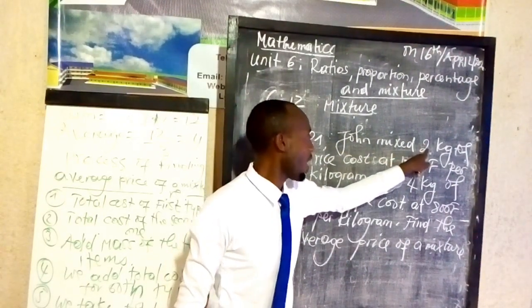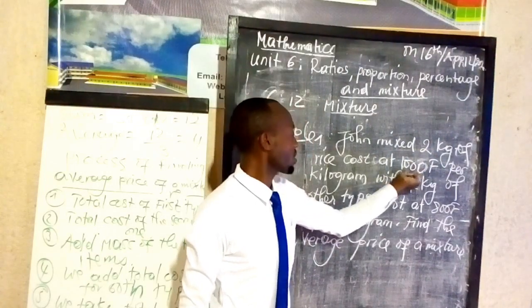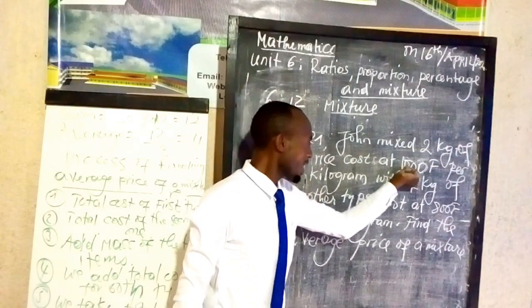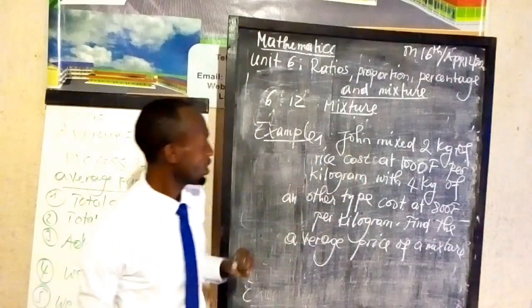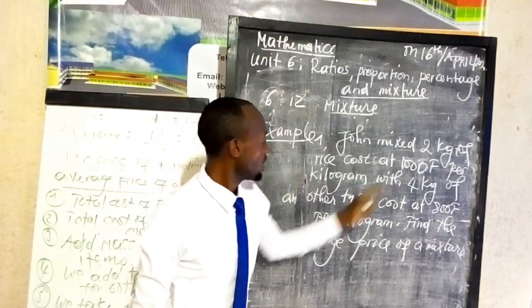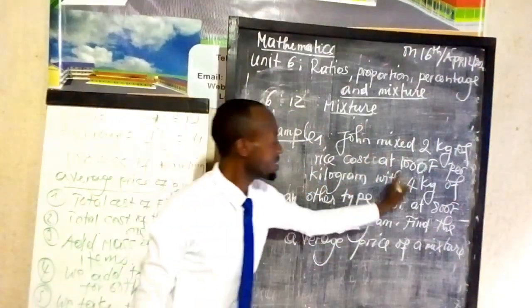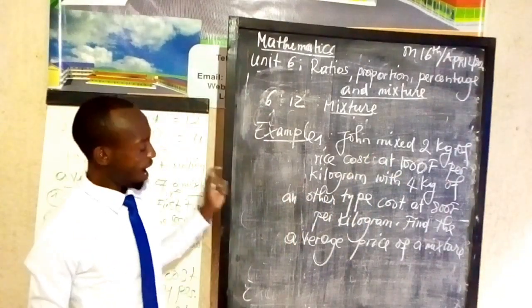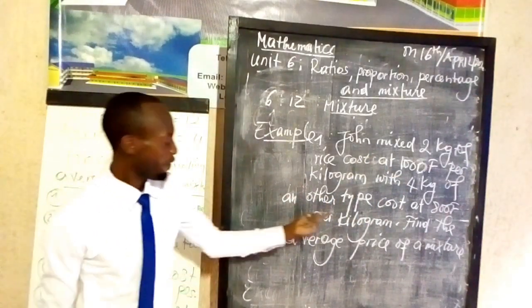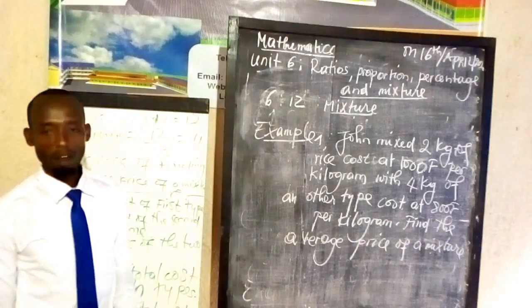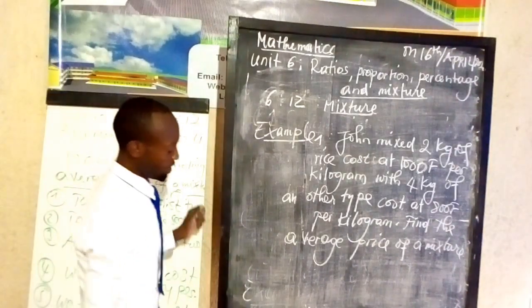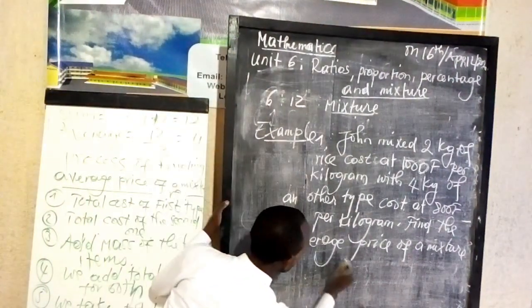The first, 2 kilograms, cost 1,000 per 1 kilogram, and the second cost 800 per 1 kilogram. My question is, find the average price of the mixture. Then we are going to make a solution.